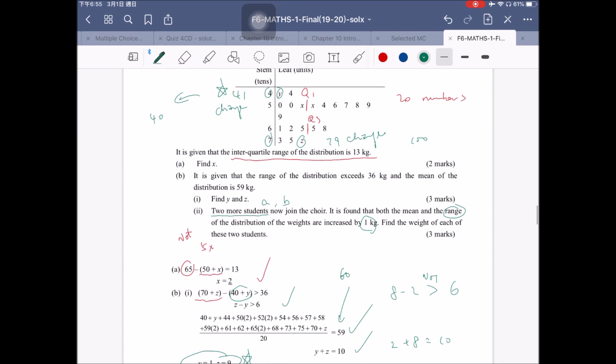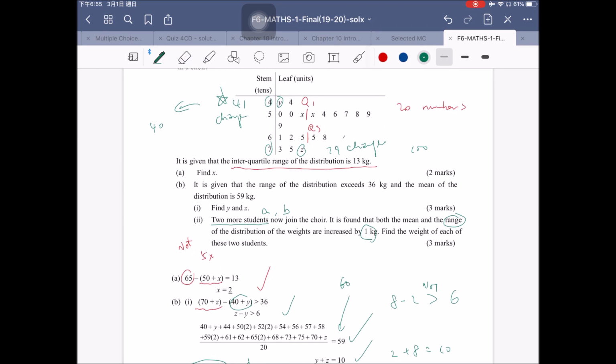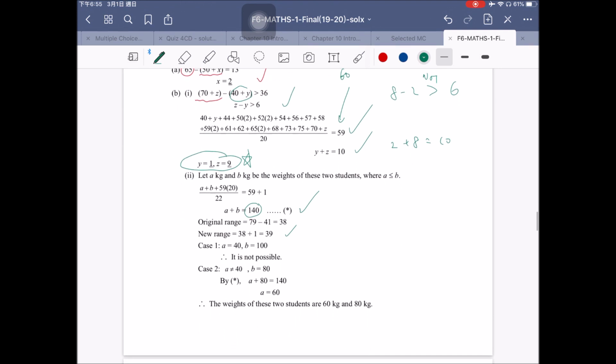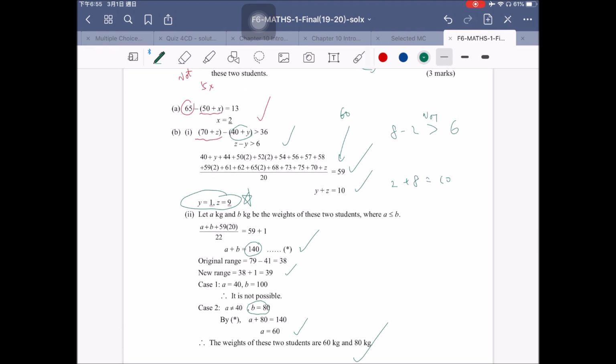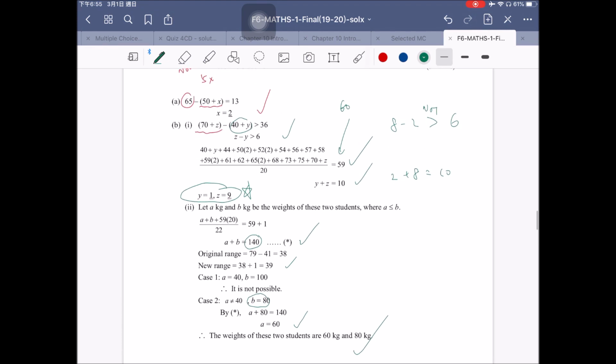If not this one changing, then the 39 changes, 79 changes. Okay, if it changes to 80, and then you find that the other one is 60. Therefore, the weight of this student is this one, okay.